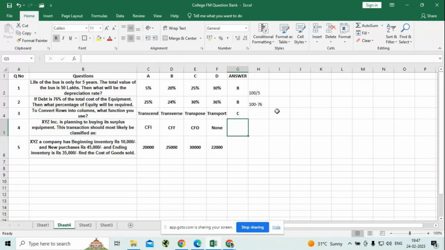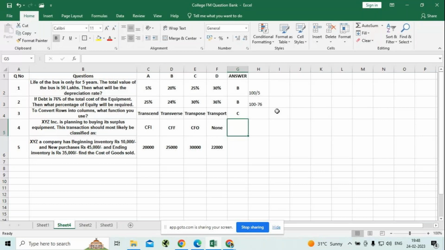So the first one is CFI. CFI full form is cash flow from investing activities. CFF is cash flow from financing activities. CFO means cash flow from operational activities. Operational activities show all your everyday expenses, incomes, purchases and sales information.